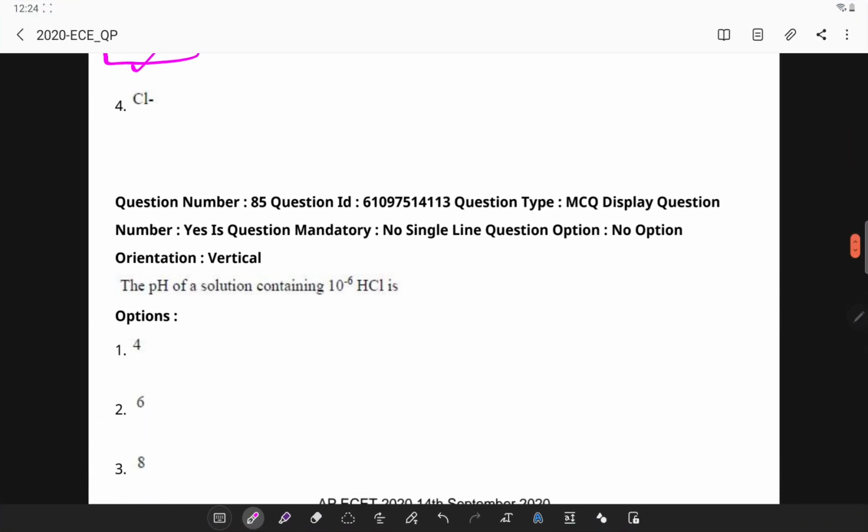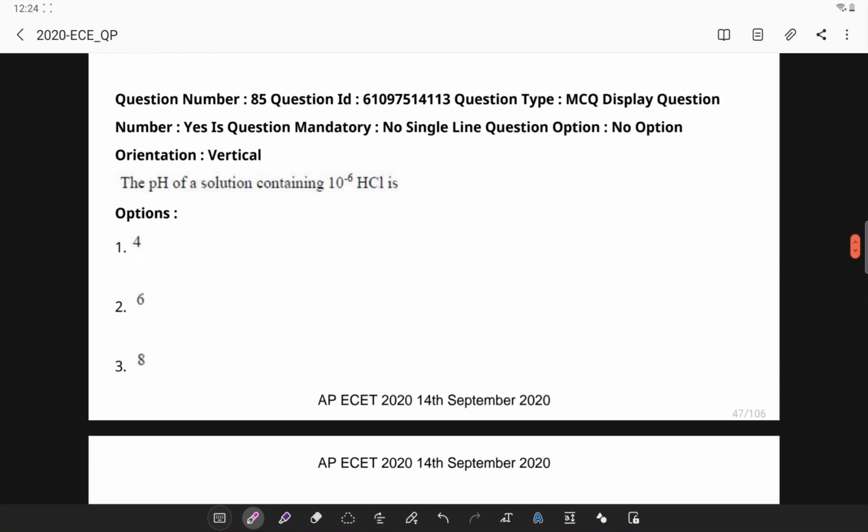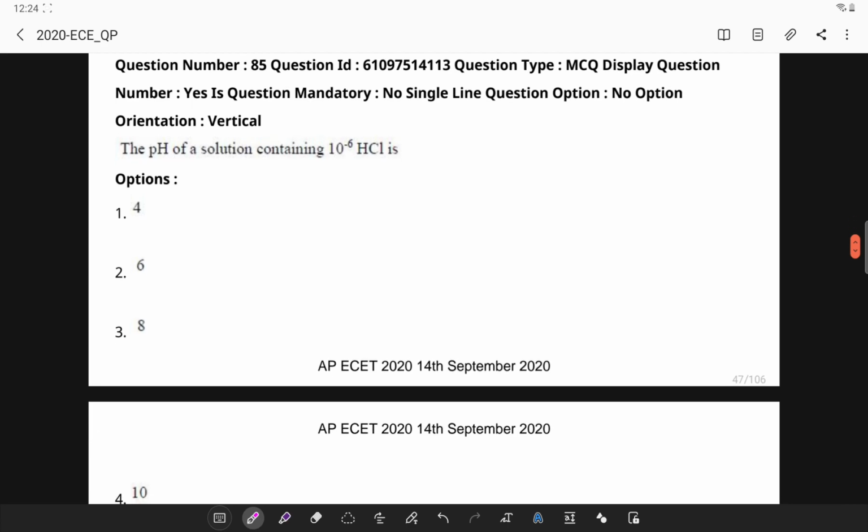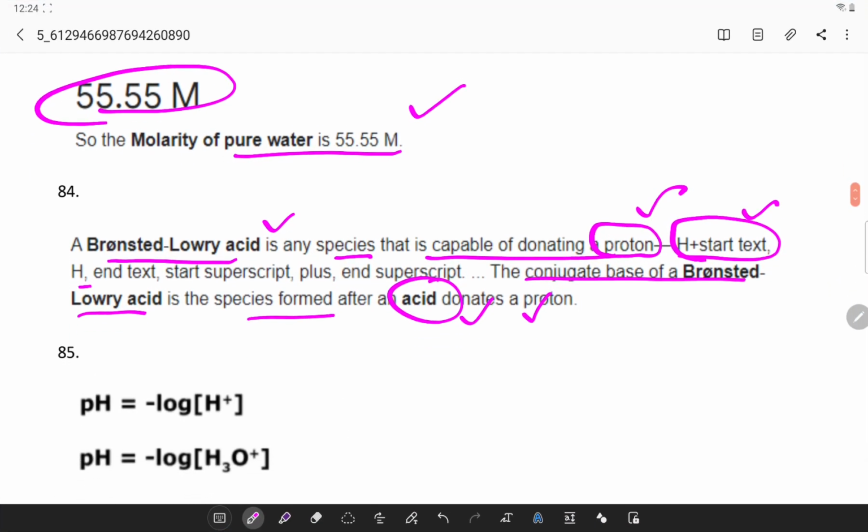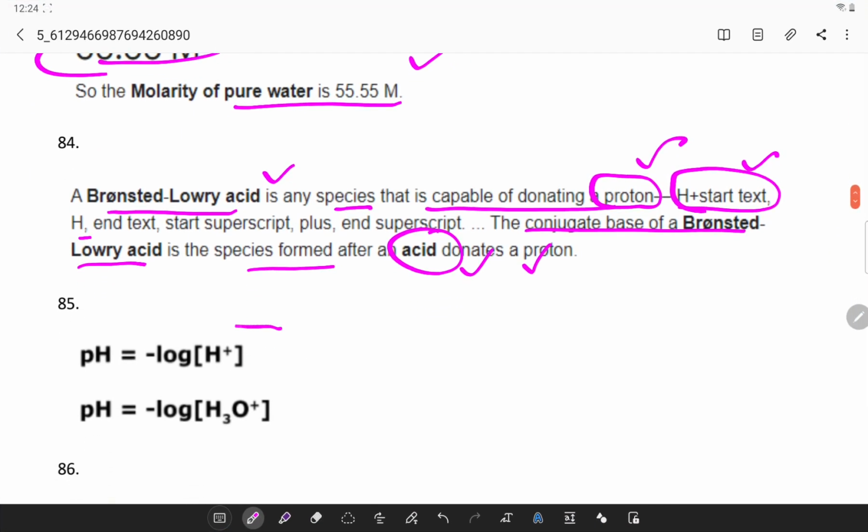So the next question. The pH of a solution containing 10 power minus 6 hydrochloric acid is, simply see the power of 10 to get the value. The formula is very simple.